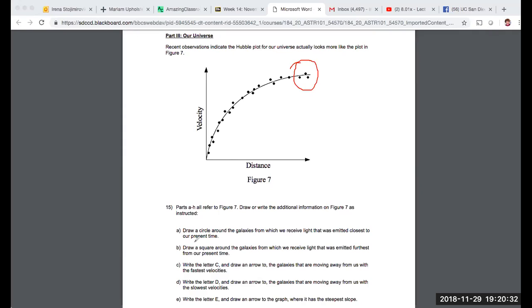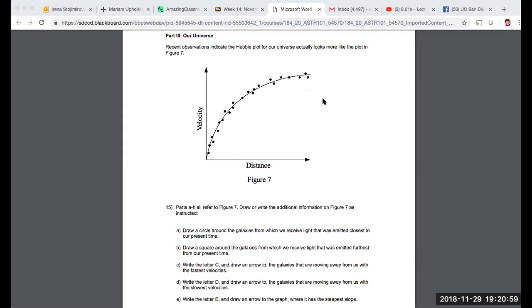Yeah. So then draw a circle around the galaxies from which we receive light that was emitted closest to our present time. If you want to see galaxies in present time, where do you look? Do you look at the galaxies that are really far away from us or at the galaxies that are really close to us? The galaxies that are close to us. And why is that? Because the universe is expanding and it takes time for light to reach us.